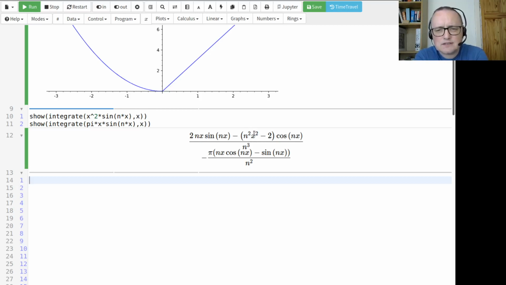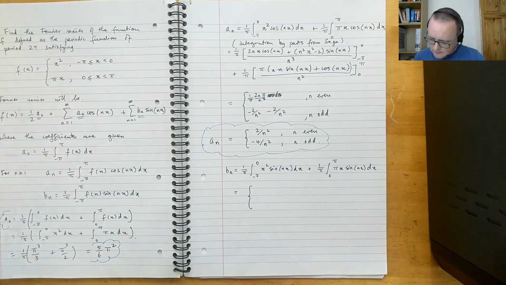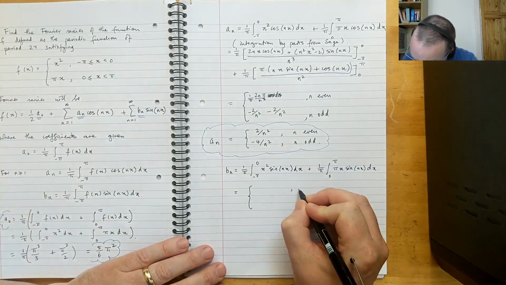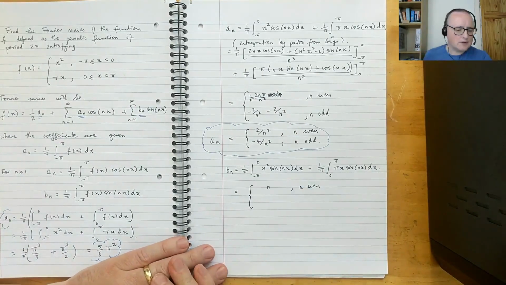So the only things that survive are when you're evaluating cosine at 0 or cosine at n times pi. And again, that's going to give you plus or minus 1, depending on whether n is odd or even. So you just have to keep track of all those contributions carefully. But when it all comes out in the wash, what you find is that when n is even, everything cancels out and you just have 0 here.